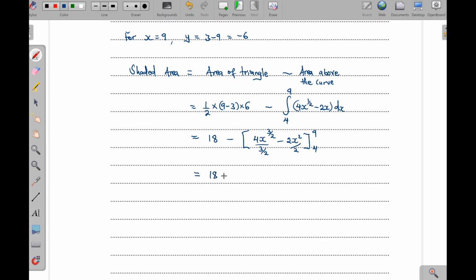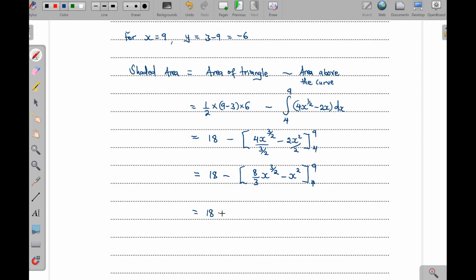This one will be 18 minus. Then we have this one will go with somersault and then finds the 4, it multiplies with it. We shall have 8, then over 3 of x to the power of 3 over 2. Then minus, of course, the 2 will cancel, and then we shall have x squared, then put a 9, and then put a 4.